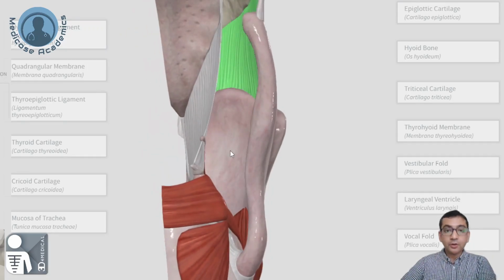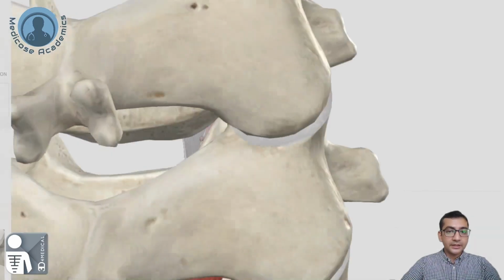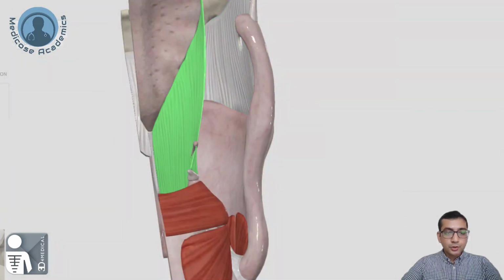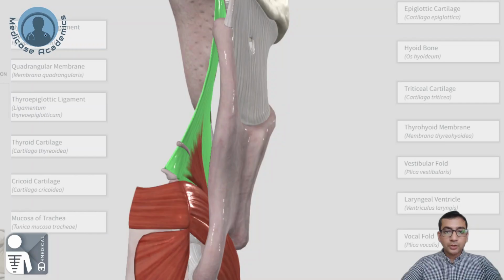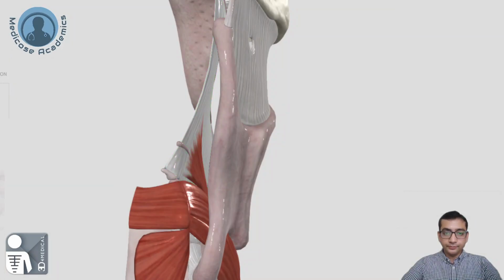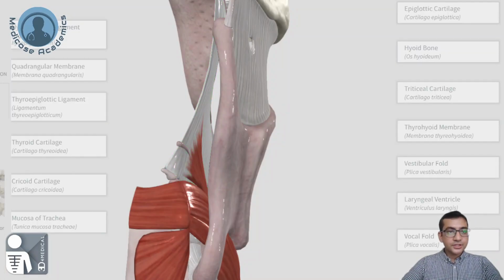So when talking about the thyroid membrane, we said that they are forming the lateral wall of the piriform recess. So this is about the thyroid membrane. We talked about the attachments, the lateral wall of the piriform recess, and it is perforated by internal laryngeal nerve and superior laryngeal vessels, arteries and veins.